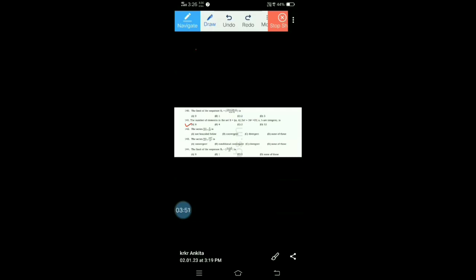The given series, sum n from 1 to infinity of n upon e raised to n, is what? We are applying the D'Alembert ratio test. We are given un equal to n upon e raised to n.